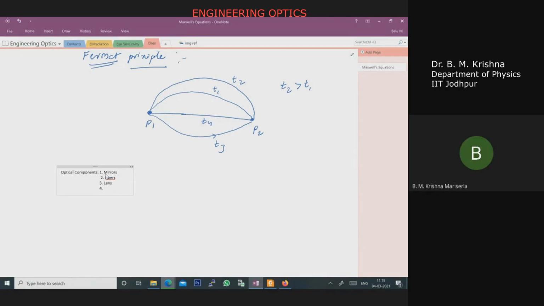Prisms. Various sources, LED sources, laser sources, light sources. Polarizers.